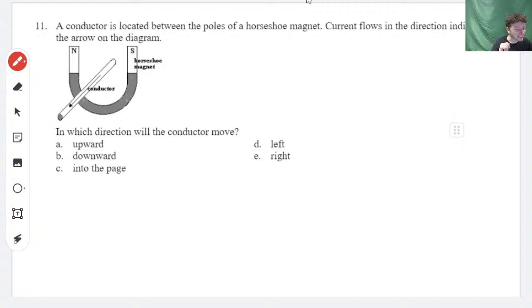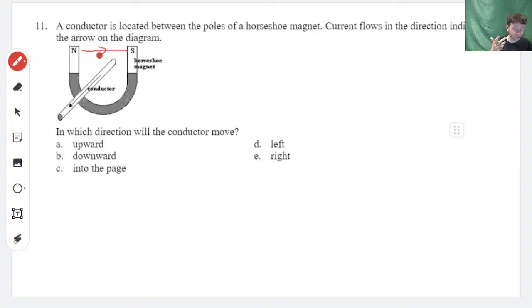So we have a conductor. It's located between the poles of a horseshoe magnet. Current flows in the direction indicated by the arrow. So that's supposed to represent coming out of the screen. And the magnetic field goes from north to south. So that's the direction of B. So in this case, again, right-hand rule, because typically we talk about conventional current.